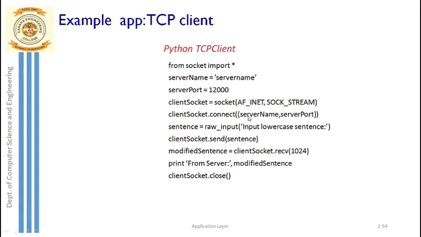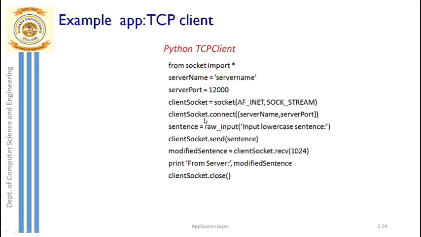So connect is the function that is used to send the connection establishment request to the server, wherein you are including the server's IP address or host name. Along with that, the port address 12,000 you're including, and remember, 12,000 is the welcome socket's port address. So you are sending the connection request to the welcome socket of the server.